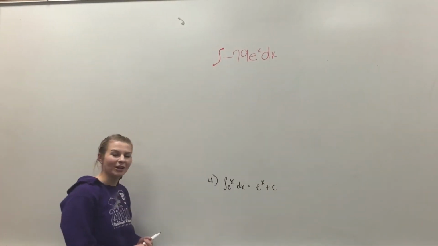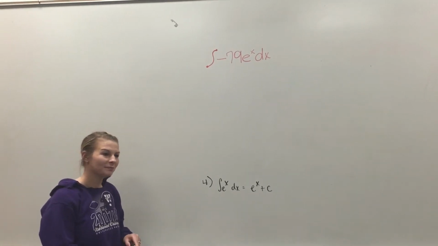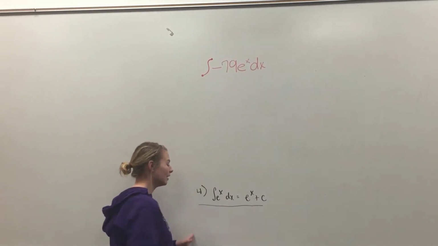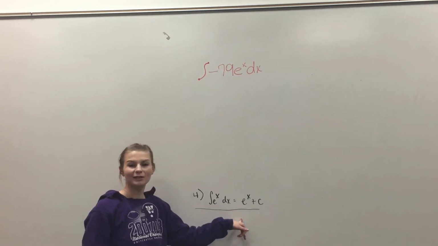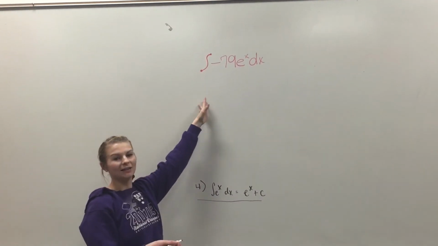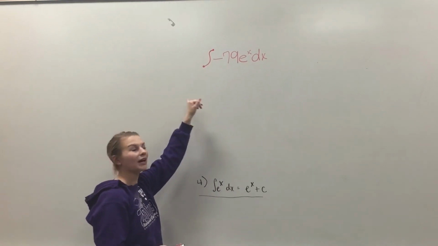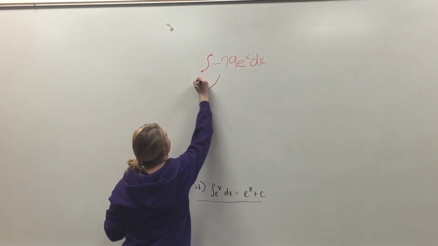So I'm going to do what James just did and show you another problem using a toolbox problem. So this time we're going to use number 4 toolbox problem, which is the integral of e to the x dx is equal to e to the x plus c. So this problem we have is the integral of negative 79 e to the x dx. First, what I like to do is take out the constant, this number right here. So I'm going to move it to the front like this.